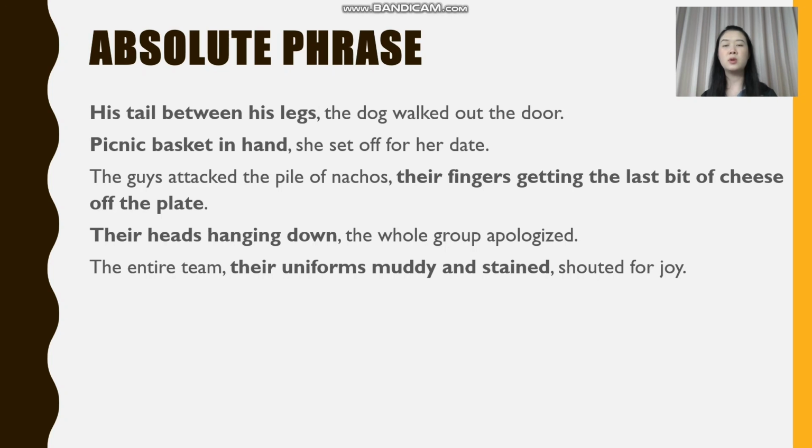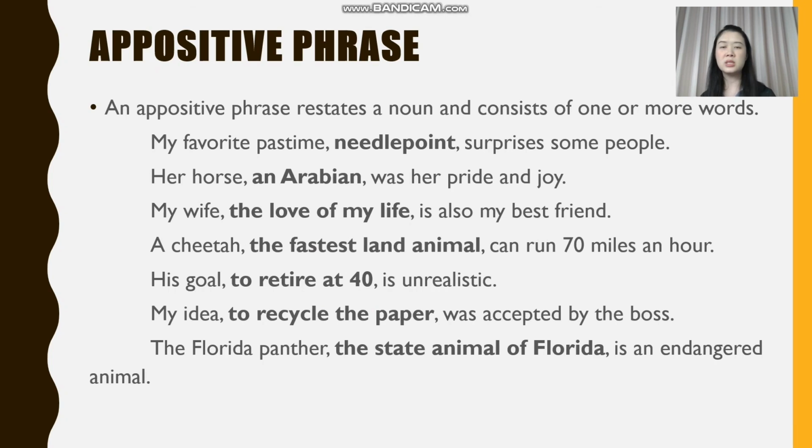That's because the noun phrase can be used as the subject or object of the sentence. But the absolute phrase, we are not using in that way. We use the absolute phrase in order to modify the whole sentence. Okay? So it means the absolute phrase will be used for the whole sentence. But the appositive phrase is just to restate the noun.